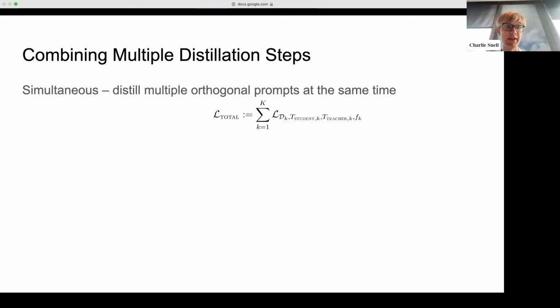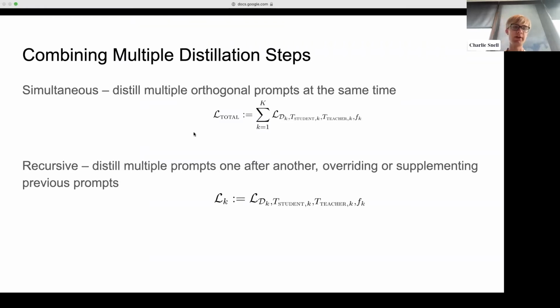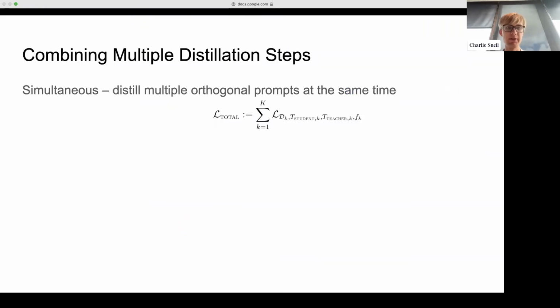One is by simultaneously distilling different prompts at the same time. So you could have one prompt that tells the model to classify movie reviews, and another which tells it to do addition problems, and maybe the student is given a slightly different minimal prompt to distinguish these two, movie review versus addition problem. And you can distill these at the same time. We call this simultaneous distillation.